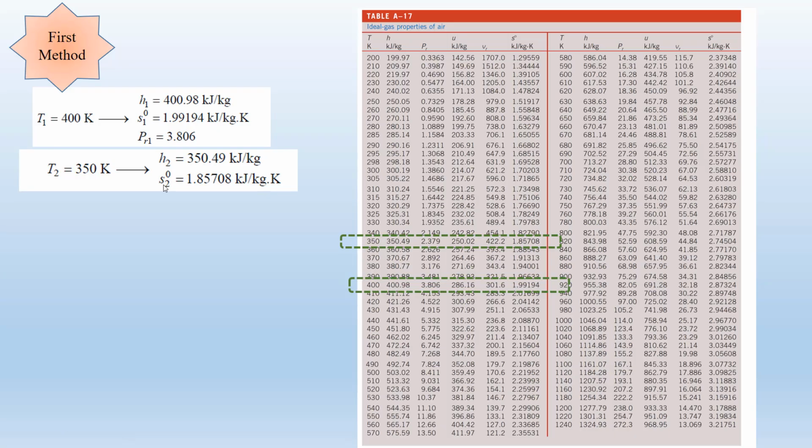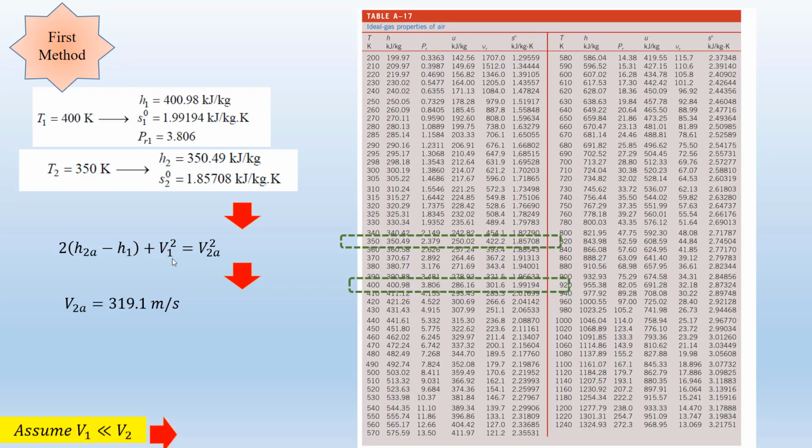Now from here you can calculate the exit velocity for actual nozzles, correct? You find the enthalpies, and then you can simply find V2A. Now you have V2A, correct? So to calculate the isentropic efficiency, you can use two equations.